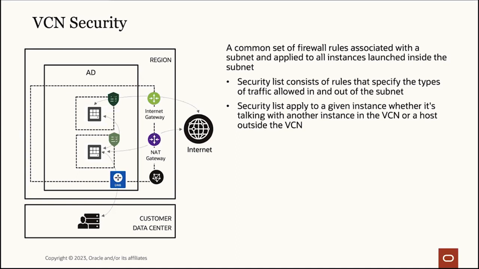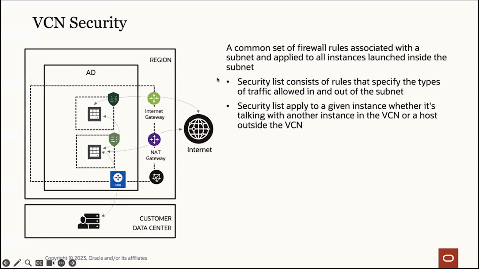So when you make a security list, you are only creating allow rules. And a security list is going to give an allow rule to all instances currently in the subnet and all instances spun up in the future. So giving an allow permission in a security list is very powerful.